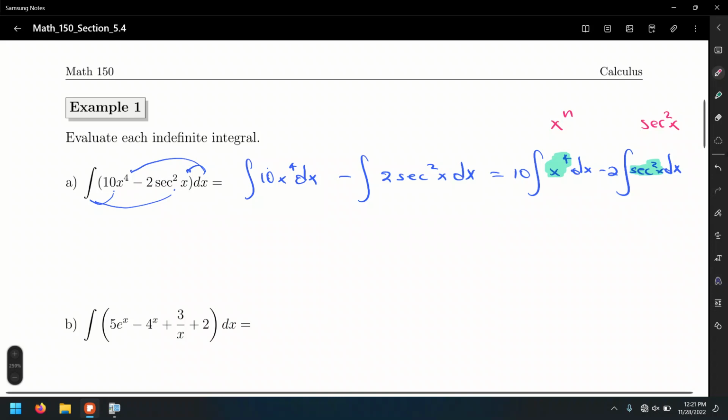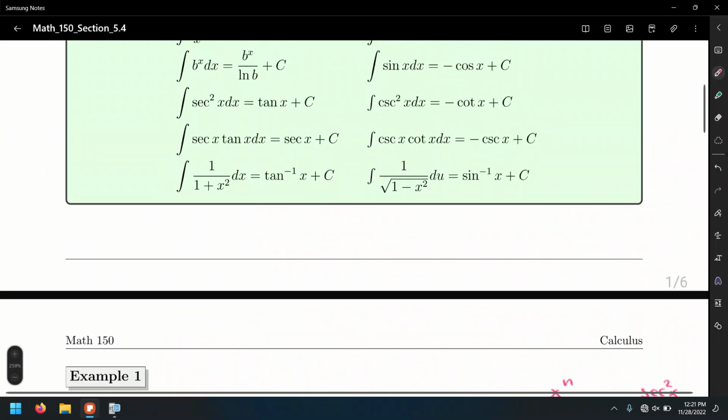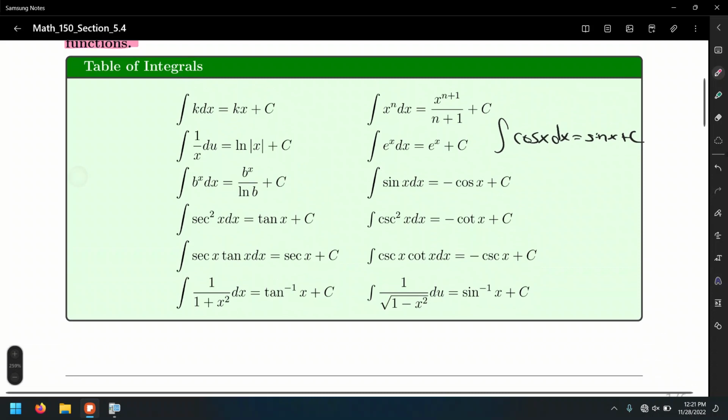At the beginning, when we first touched on antiderivatives, we were asking, what's the function whose derivative is x to the 4? What's the function whose derivative is secant squared? No longer. Just refer to the table of integrals. We have something of the form x to the n: add 1 to the exponent, and divide by that new exponent. And the integral of secant squared is simply tangent x.